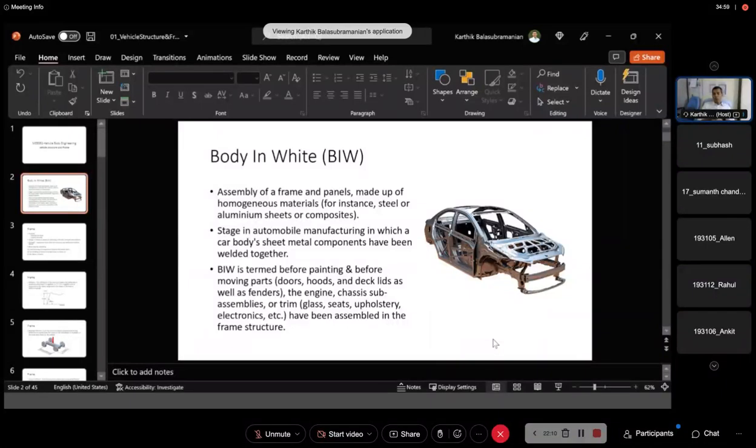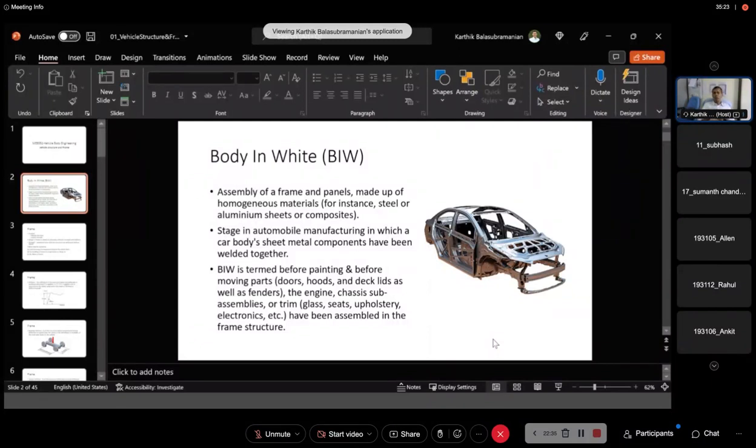It is before you attach any of the superstructure or filling elements like the windscreen, the roof, the bonnet cover, the door, the glass, everything. Before any of these things are mounted onto the vehicle, this integral frame is called body in white.